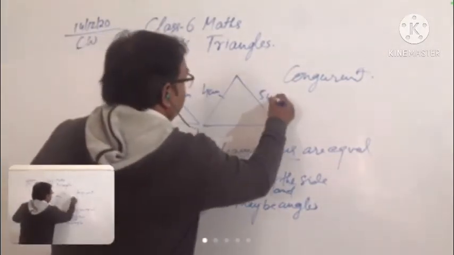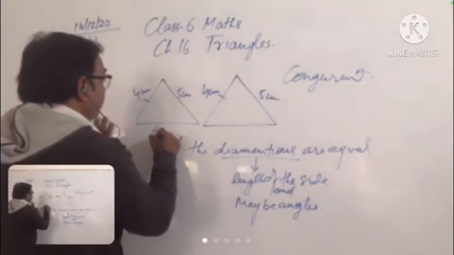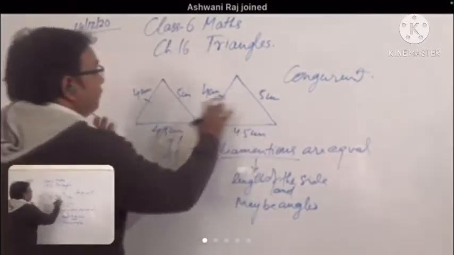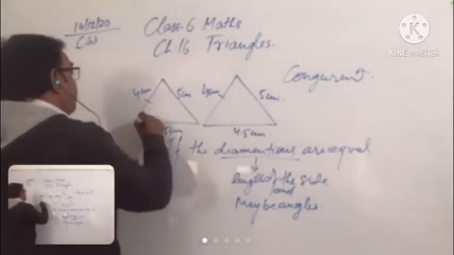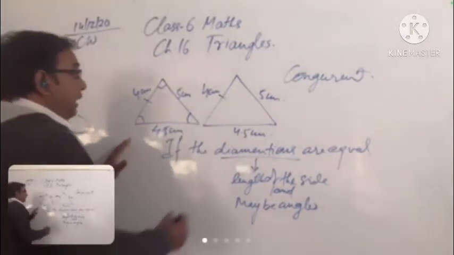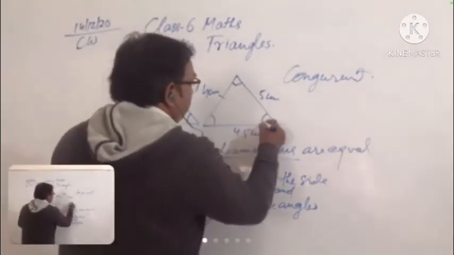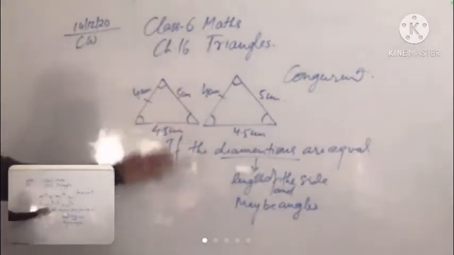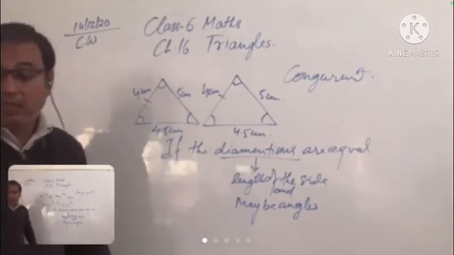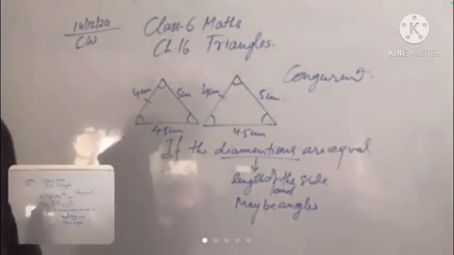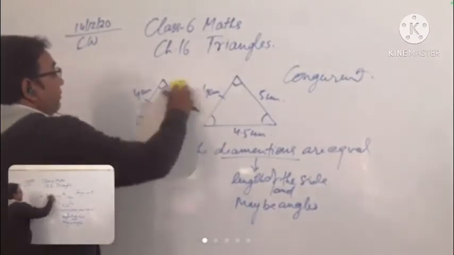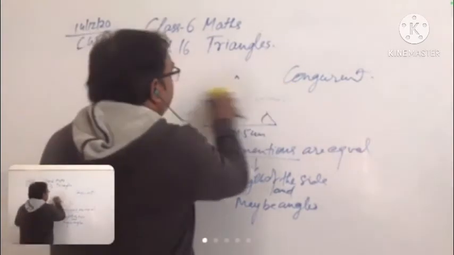You can see in this video, in this triangle the sides are 4, 5 and 4.5 centimeter, and the other triangle has the same 4, 5 and 4.5 centimeter. So these two triangles are congruent because their sides are equal. If they are congruent then their angles are also equal, or all the corresponding parts of the triangles are equal.